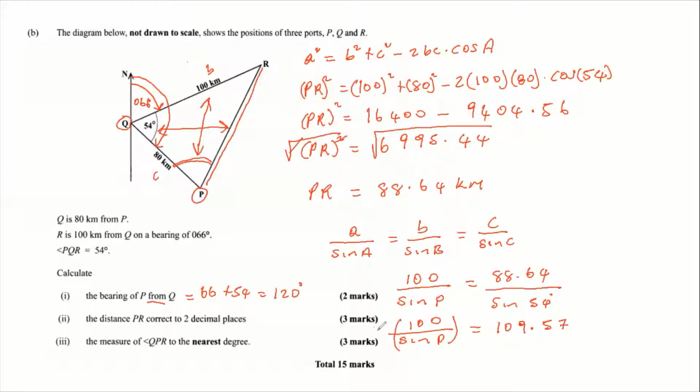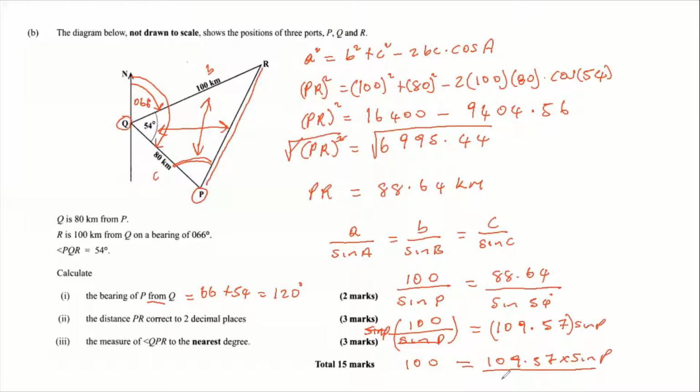Multiply this side by sine P, and we also multiply this side by sine P as well. You notice that sine P will cancel out. So what we're left with is just 100, and that's going to equal 109.57 times sine of P. But at this stage, we can divide both sides by 109.57.